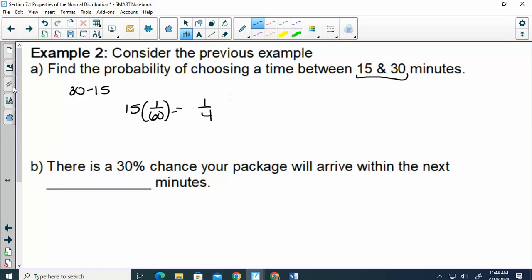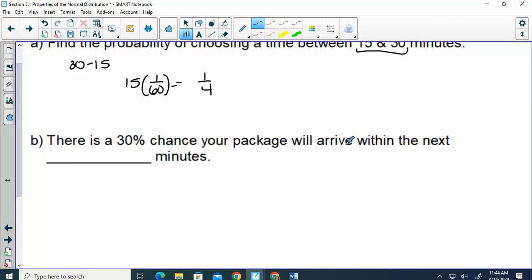All right, this one, there is a 30% chance your package will arrive within the next blank minutes. So I don't know my number of minutes. The probability is 1 out of 60. And I know that if it's a 30% chance, that would be like 0.3. So how would you find x?